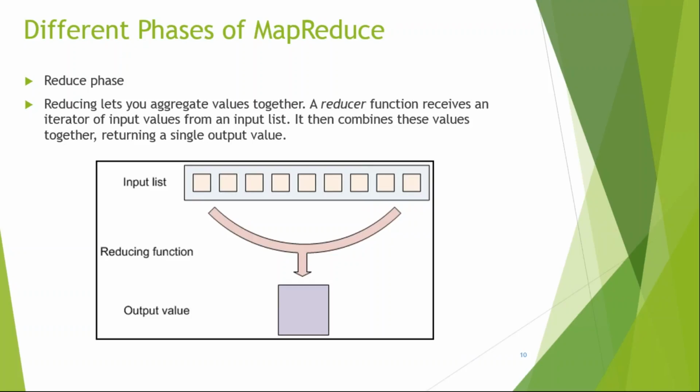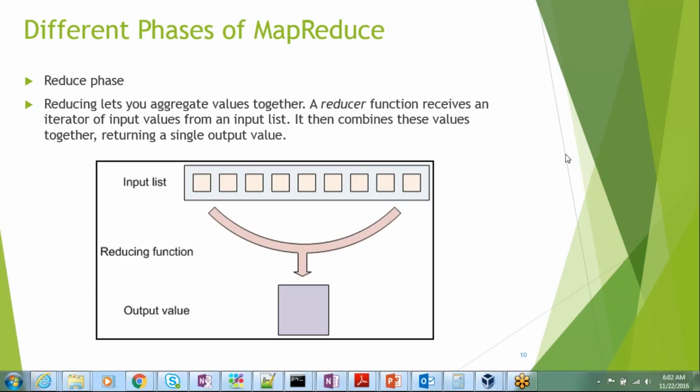Reducer input is nothing but your mapper output. It is collecting the different outputs from so many machines. Suppose I have 4 machines and 4 blocks, so 4 maps have been launched. When 4 maps are launched, each map will give some output.